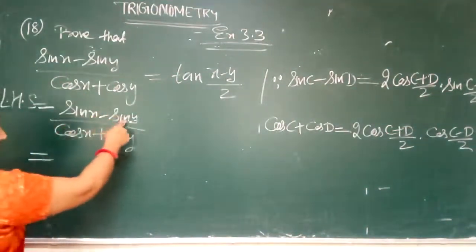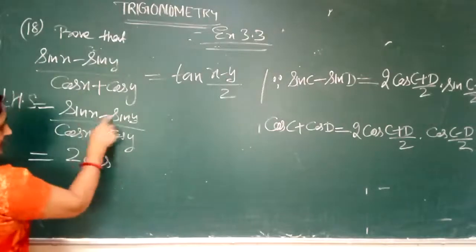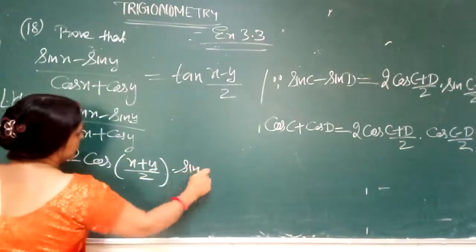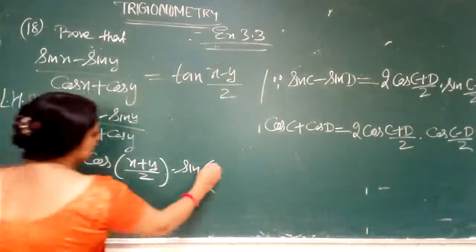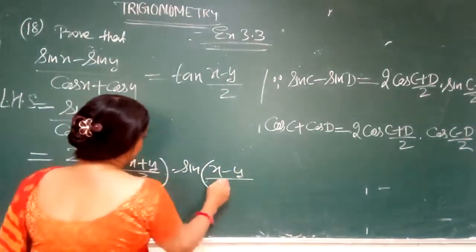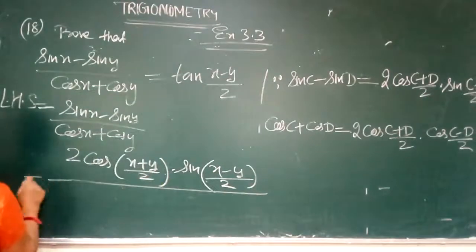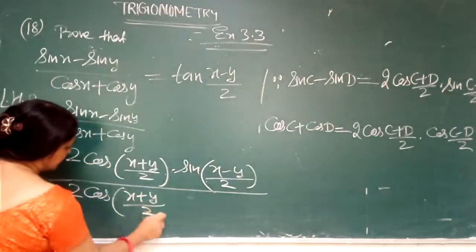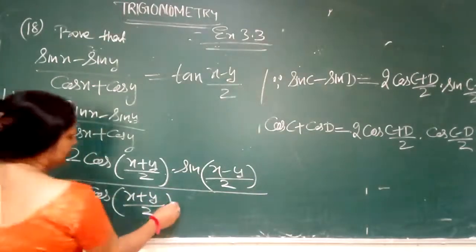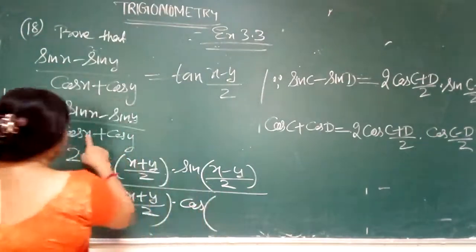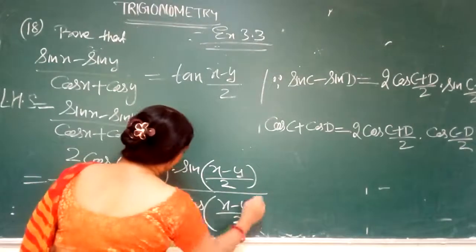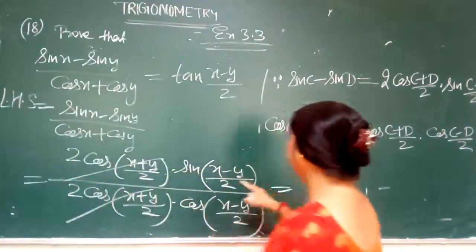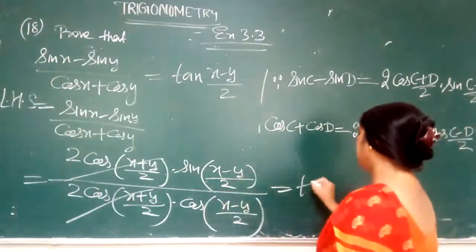So sin c minus sin d is 2 cos (x plus y) upon 2, where c is x, into sin (x minus y) by 2, where c is x and d is y, upon cos c plus cos d, that is 2 cos (x plus y) upon 2 into cos (x minus y) by 2. Then we get sin upon cos, that is tan, and what is theta?